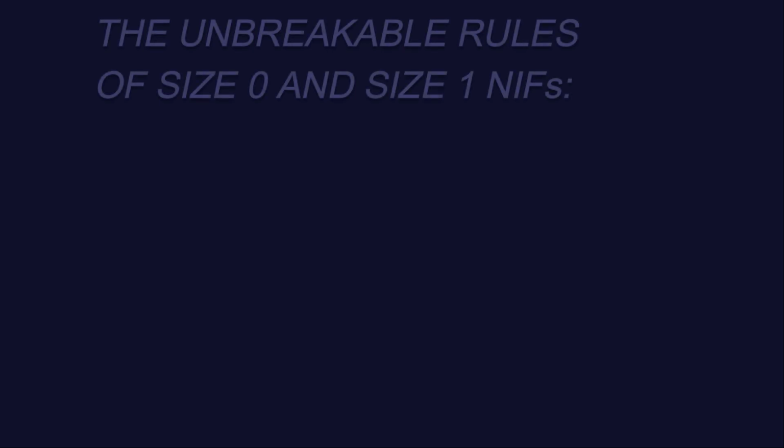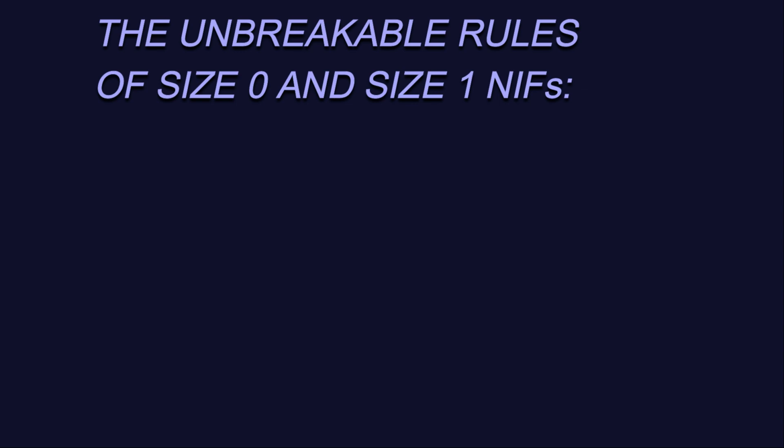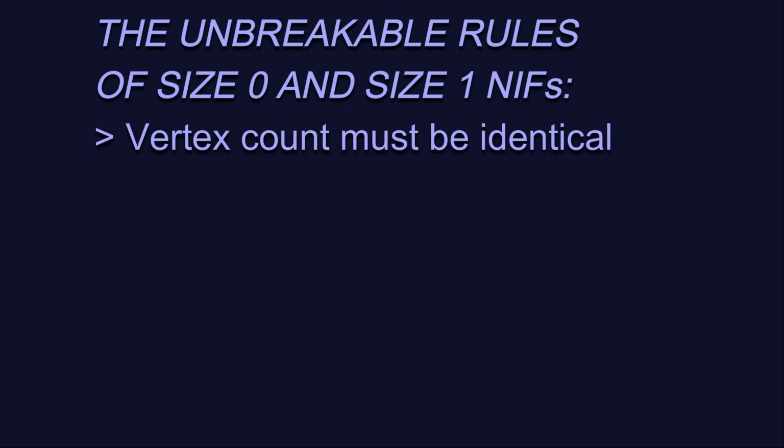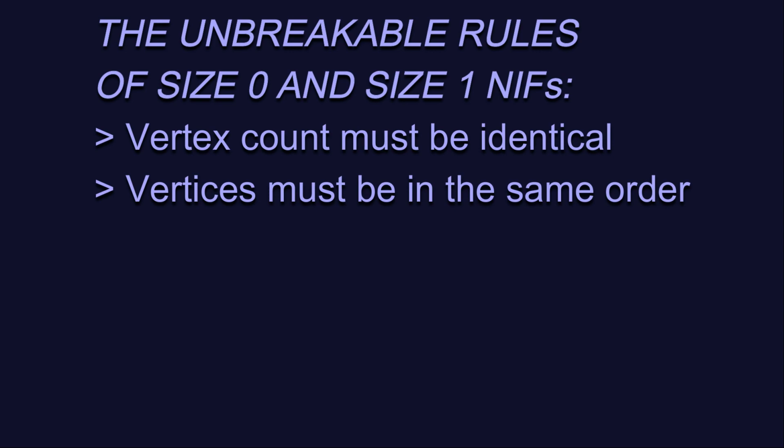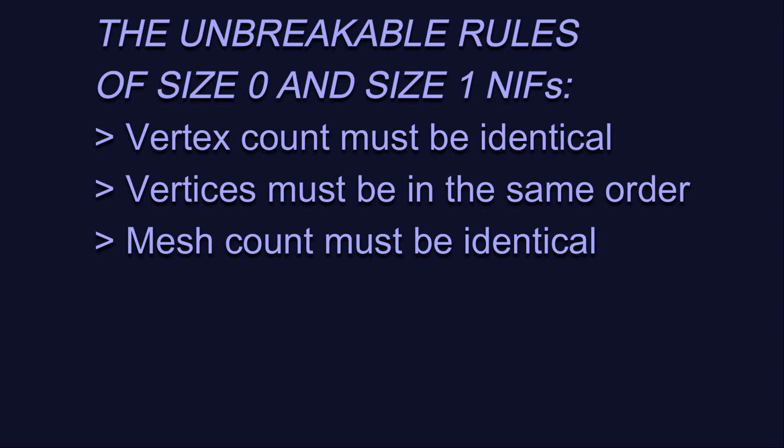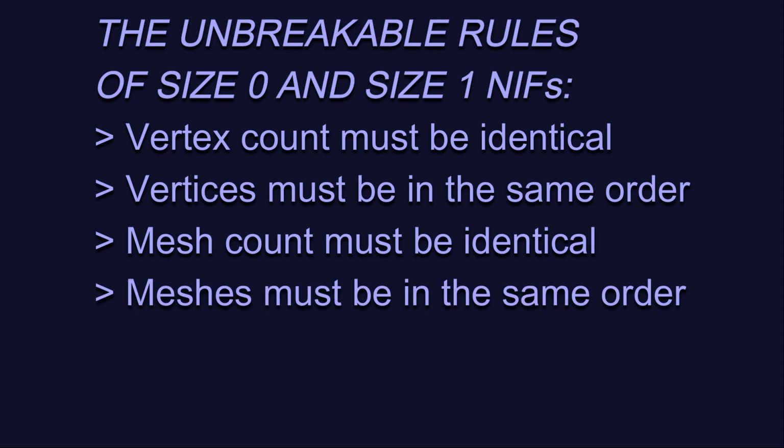Here are the rules, and these must be true for both size NIFs. The vertex count must be identical. The vertices must be in the same order. The mesh count must be identical, and the meshes must be in the same order.